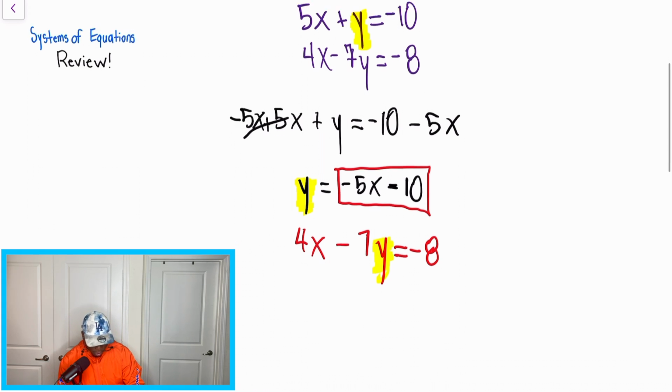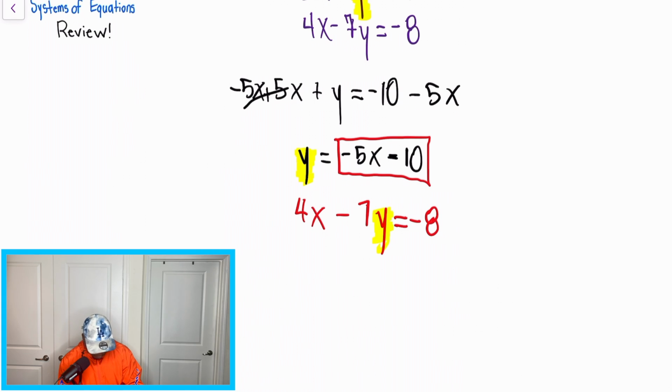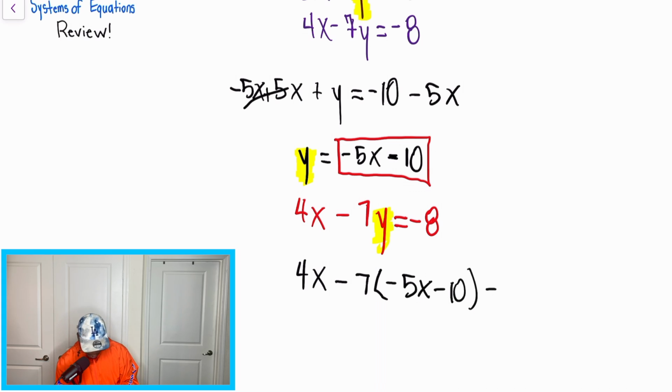So let's go ahead and do that. We have 4x minus 7, and we're now going to substitute in negative 5x minus 10, and this is equal to negative 8. Now, guys, once we substitute, our objective is we want to figure out what is x.